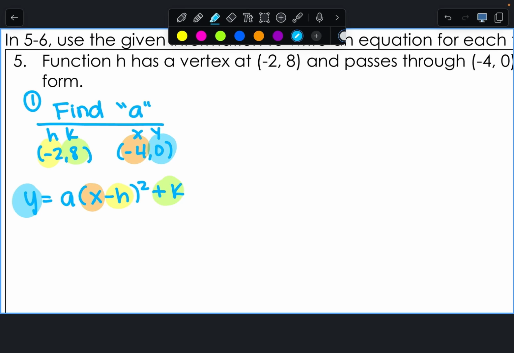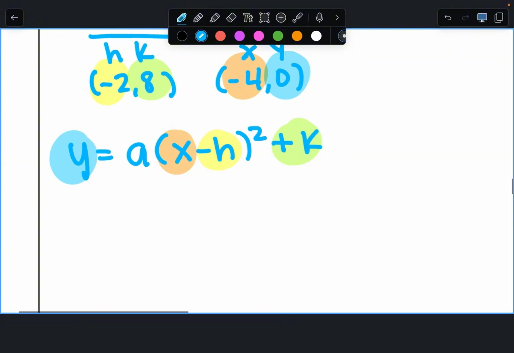Okay? So first, I'm going to replace the Y with what number? 0. Bring down the A. I'm going to replace X with what number? -4. Bring down the minus sign and plug in H. 2 negatives will make a positive.